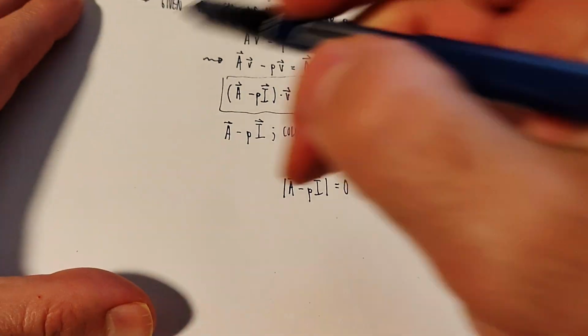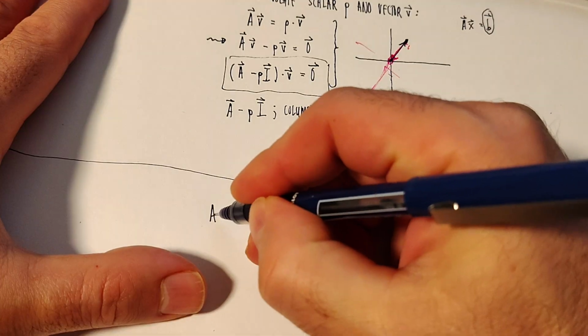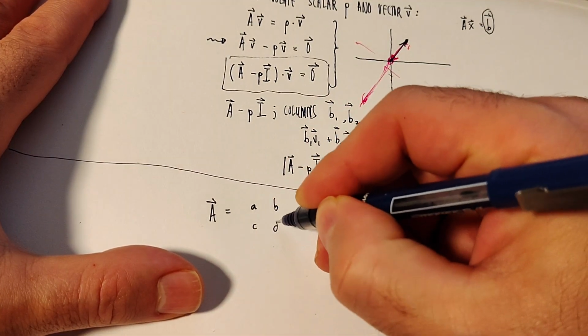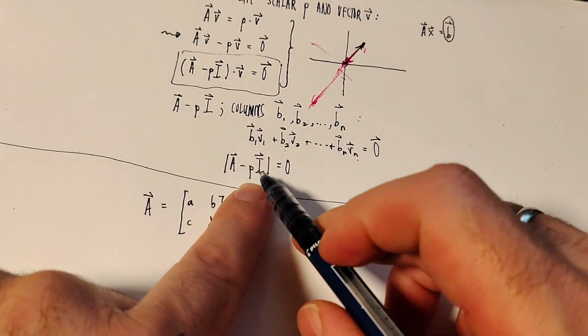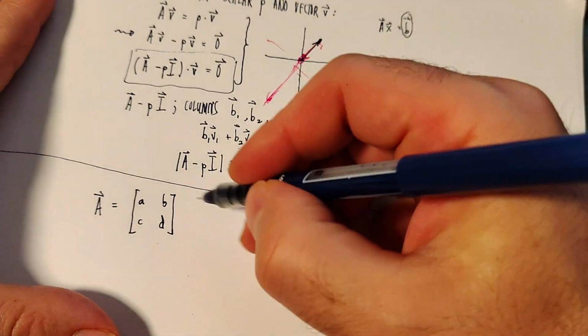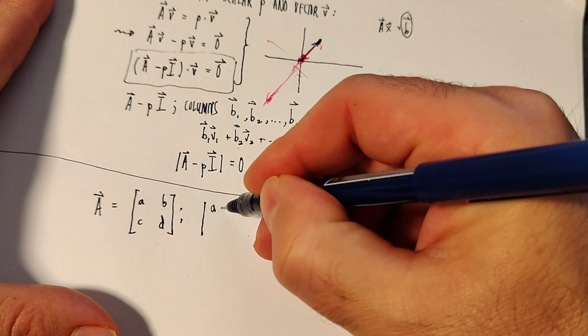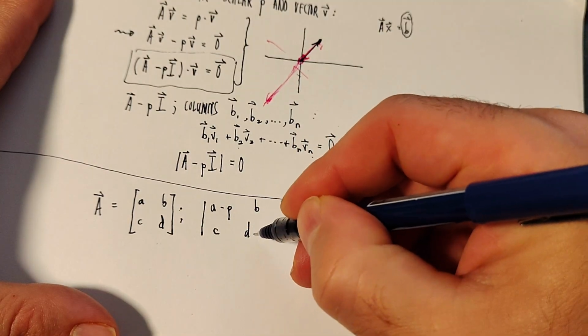So let's say we've got some 2 by 2 matrix A, and it's just our classic a, b, c, d. We want to solve for this expression here. So we're going to set up the determinant of a minus rho, b, c, and d minus rho.